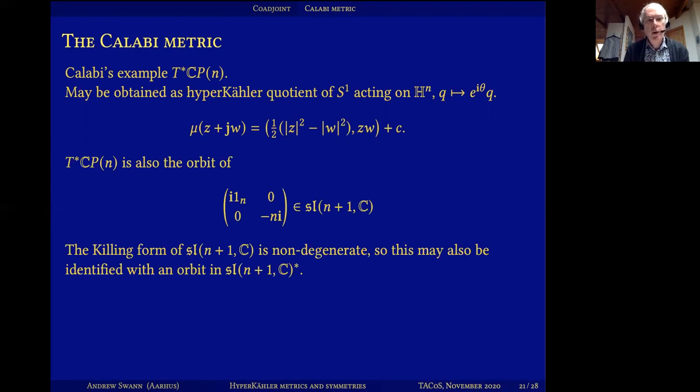But you can also think about the cotangent bundle in a different way. You can give different homogeneous descriptions of it, and think of it as an orbit in appropriate representations.